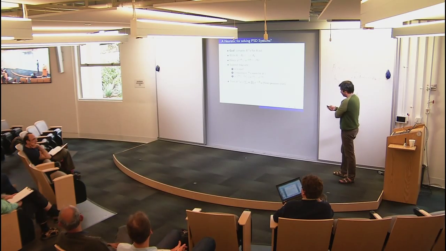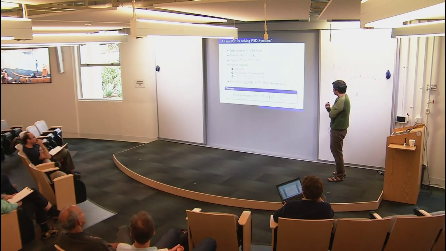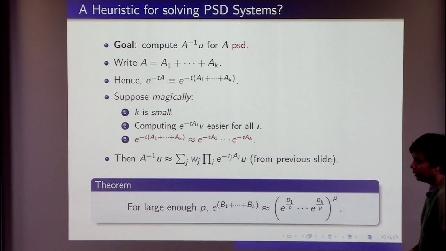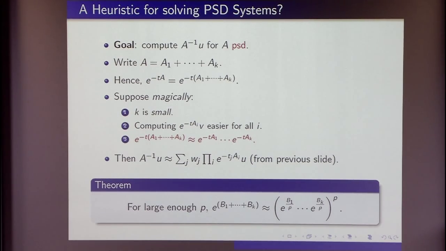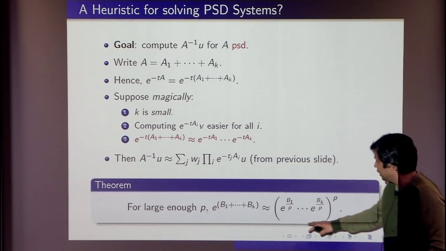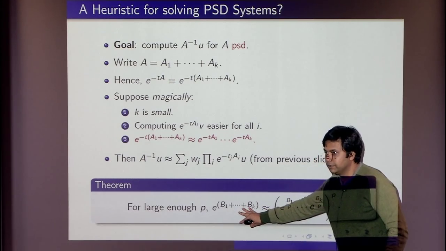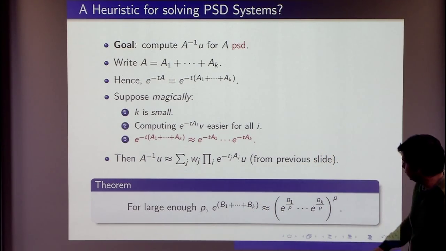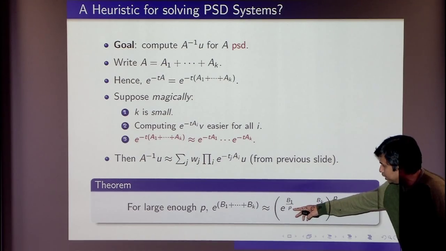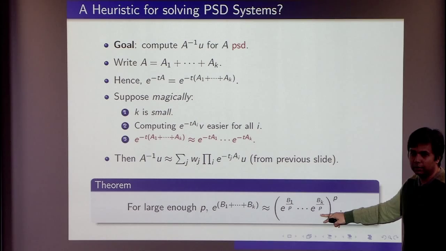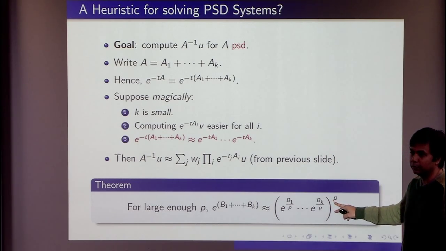But as Gary said, there is a theorem here, which is the Lie product formula, from physics or something like that. What it says is that this is morally true. You could take your exponential and just slow down the process. You divide each of these B_i's by p, and now you write it as a product, and you do this thing p times.